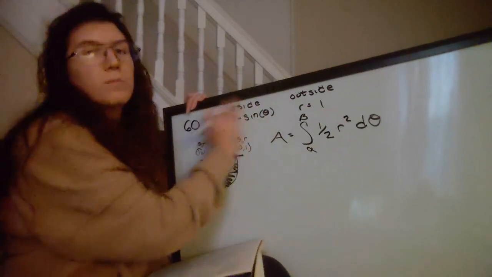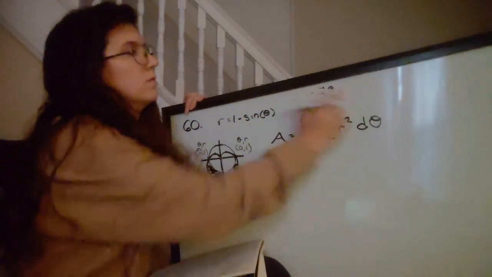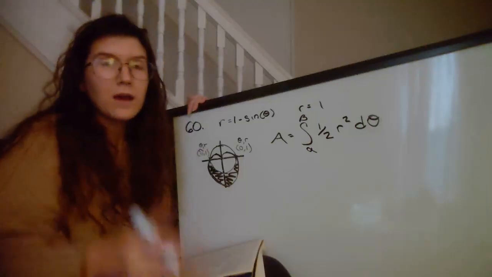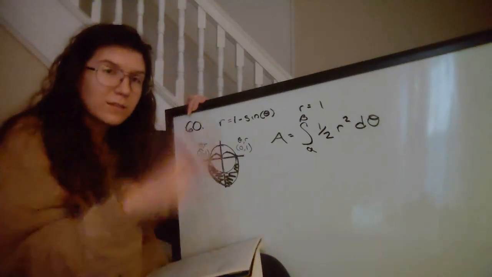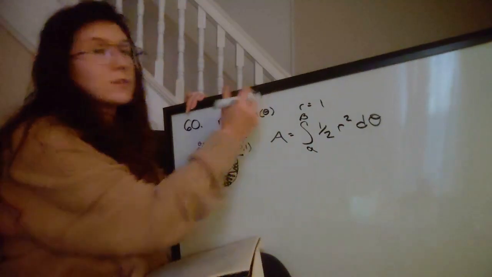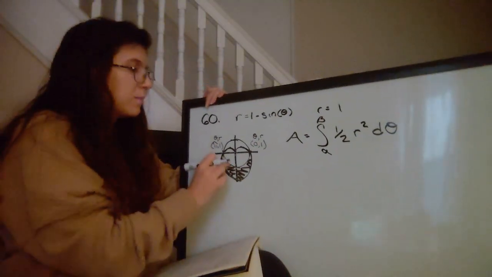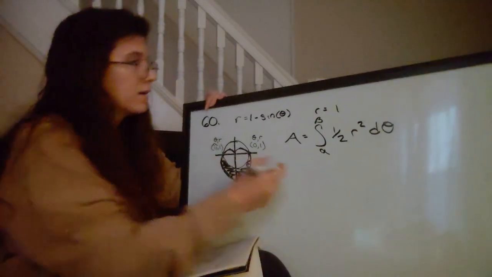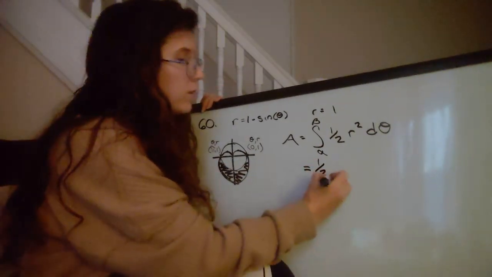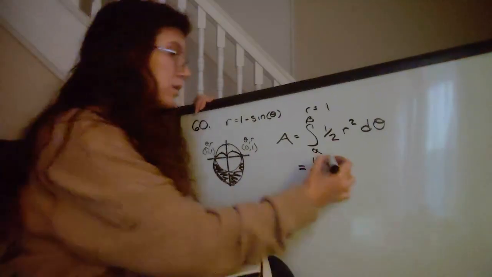I'm going to erase these, because now we need to think about it as what radius is on the outside and then subtract what radius is on the inside, because now these basically flopped. Now my outside radius is going to be this guy and my inside radius is going to be this guy. But I will pull that 1/2 out because I don't want to deal with that.